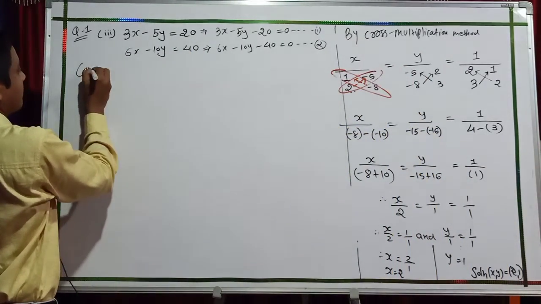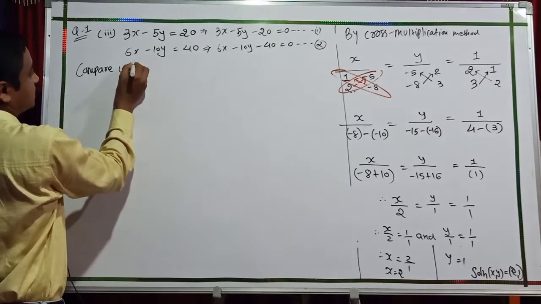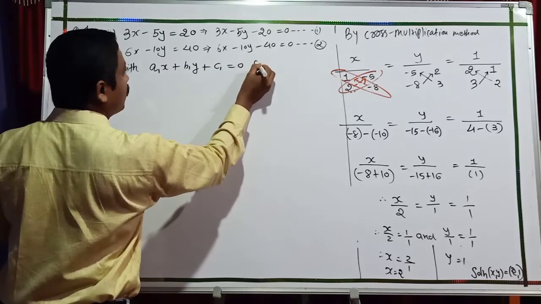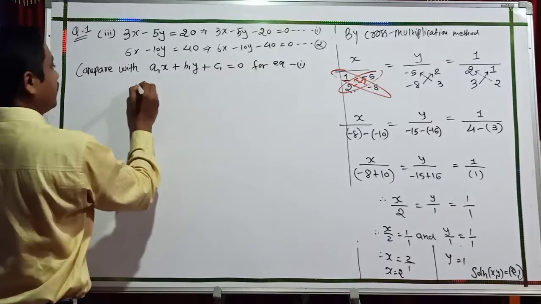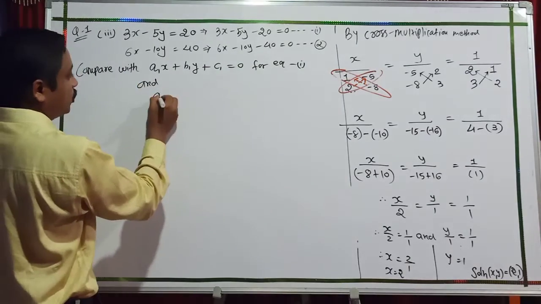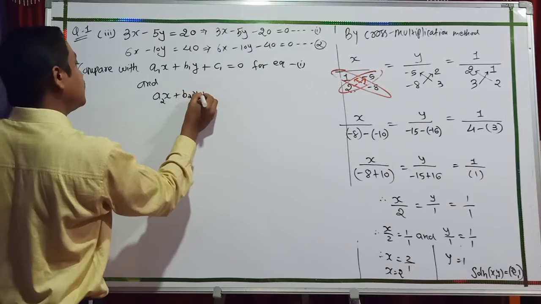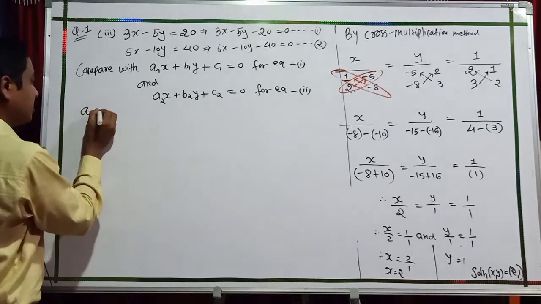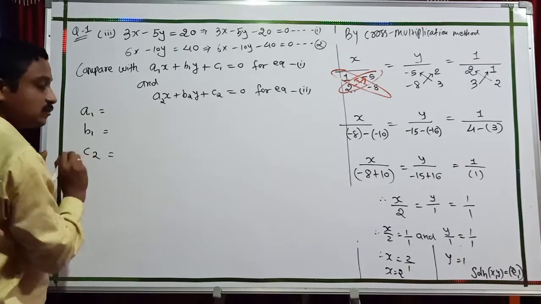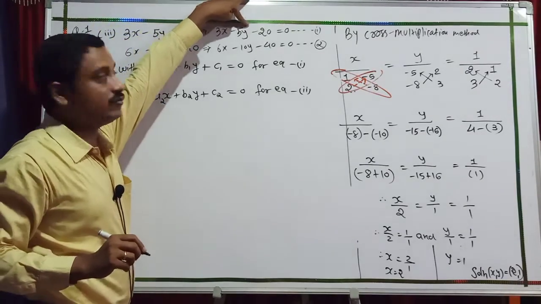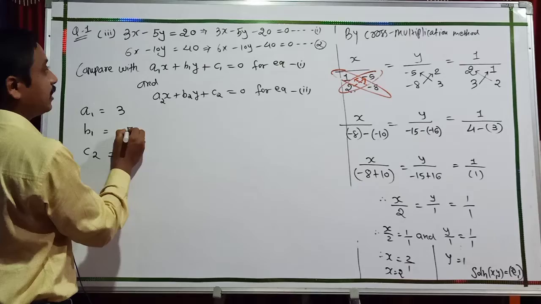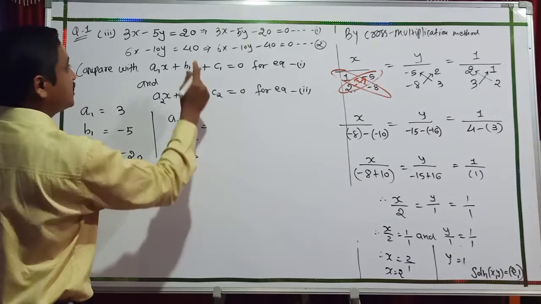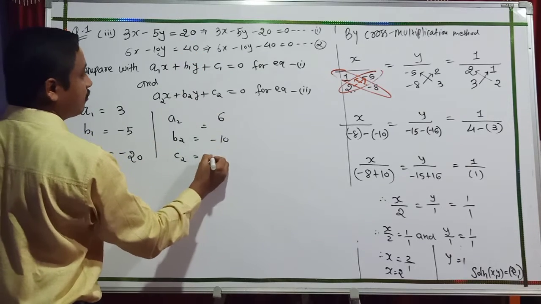Compare with a1x plus b1y plus c1 equal to 0 for equation number 1, and similarly a2x plus b2y plus c2 equal to 0 for equation number 2. So what do you get? a1, b1, c1: it is 3, minus 5, minus 20, and a2, b2, c2: it is 6, minus 10, minus 40.